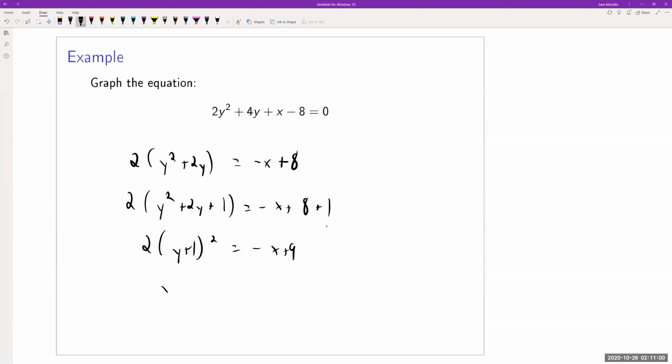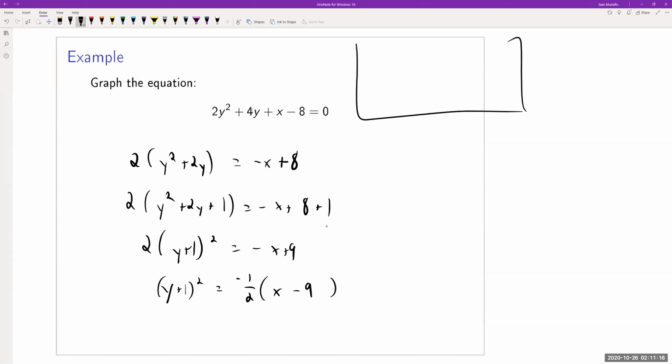That means that y plus 1 squared is equal to negative 1/2 times x minus 9. So we pulled out the negative from here and then divided by 2. As a result, our h comma k is equal to 9, negative 1.